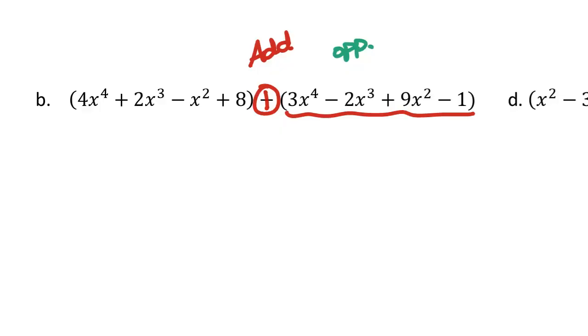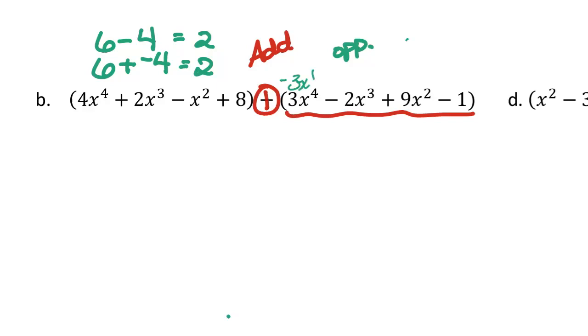Well, because if you're going to add, change them to be a negative. Because 6 minus 4 is 2, 6 plus negative 4 is 2. We are changing and taking the opposite of all of these. So 3x to the 4th becomes negative 3x to the 4th. Minus becomes plus 2x to the 3rd.